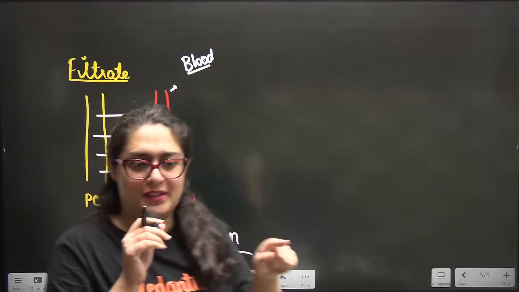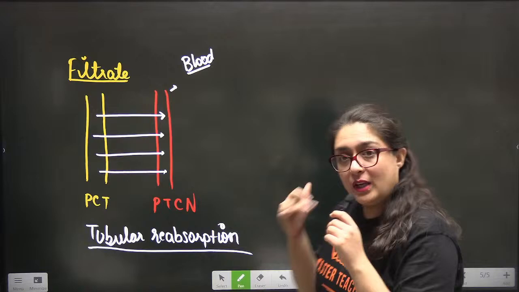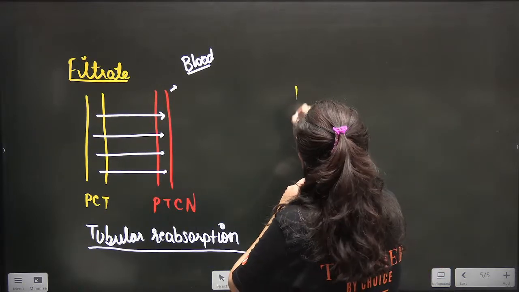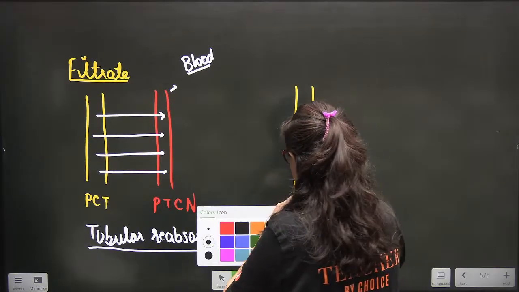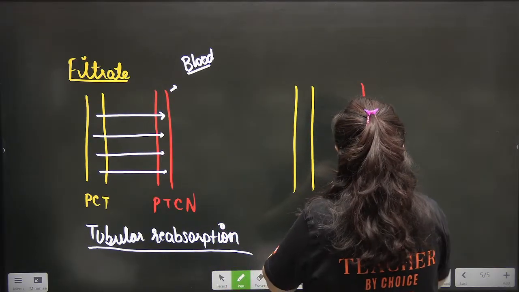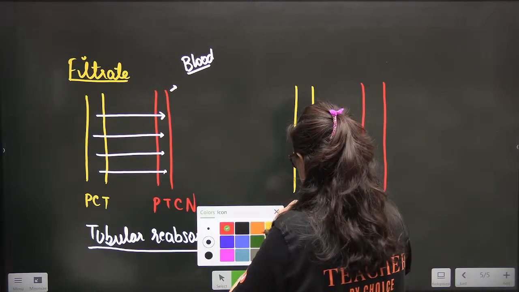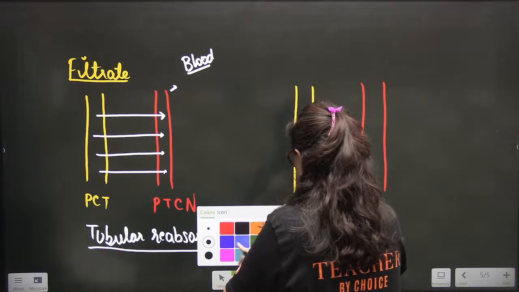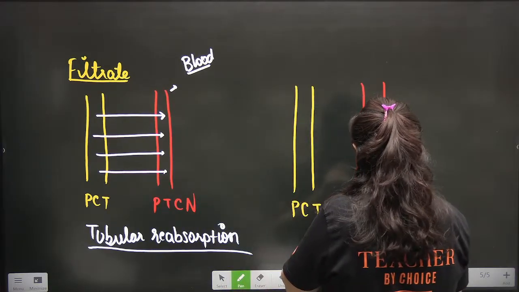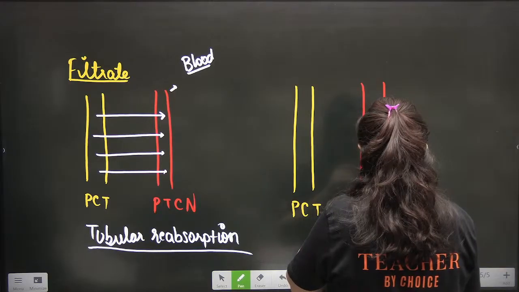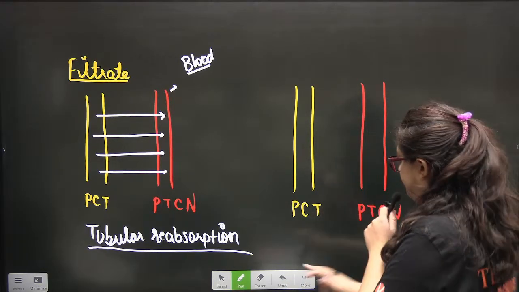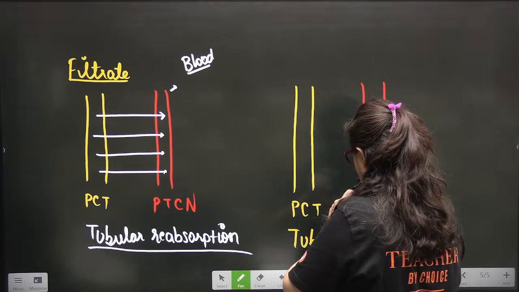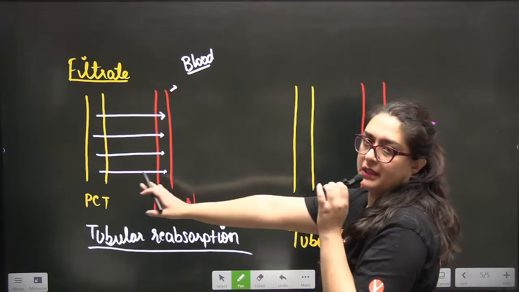So in tubular secretion, the direction will be reversed. The same happens with the DCT and loop of Henle.